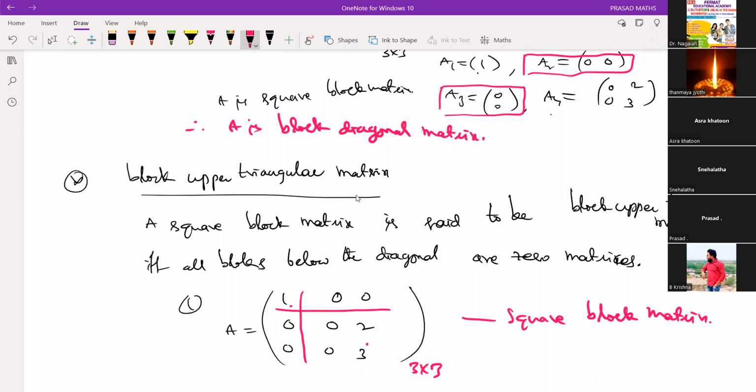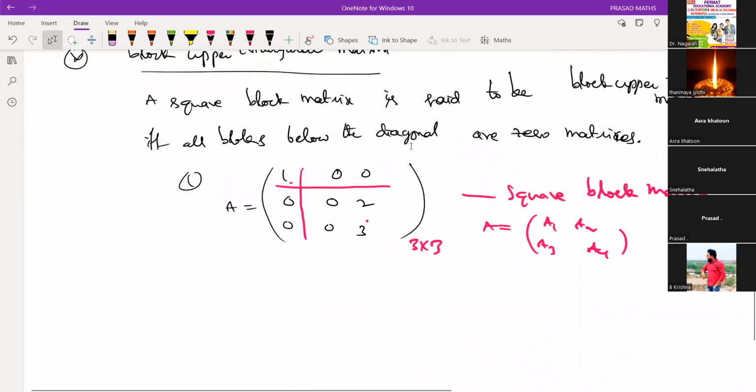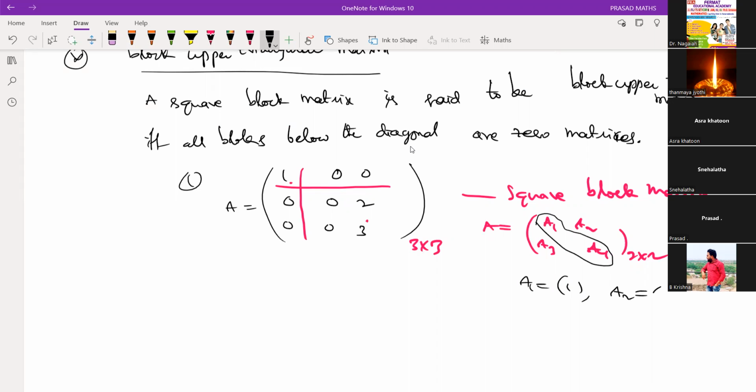Yes. This is A1, A2, A3, A4; this is a 2 by 2 block matrix. These are my diagonal blocks. A1 is nothing but 1. A2 is 0, 0. A3 is 0, 0. A4 is 2, 0, 0, 3.